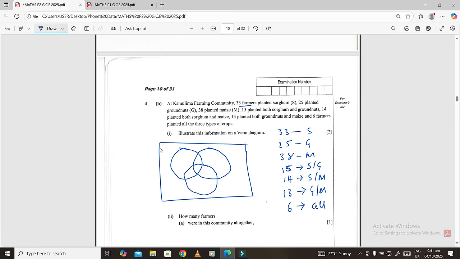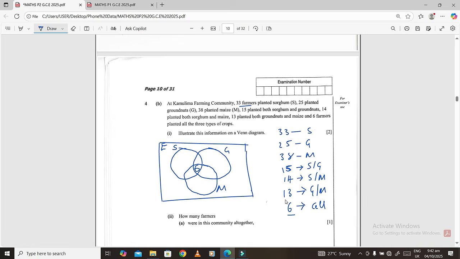So this is E. Always put E, which shows the universal set. And then here start with the sorghum, go to groundnut, go to maize. After doing this, start from the bottom. The 6 should be put here, because this is the intersection of all the sets. Let me try to write it properly. So it's 6, which is the intersection of all the 3 sets.